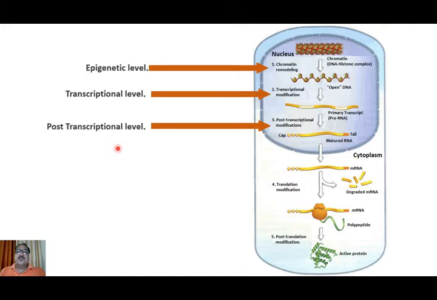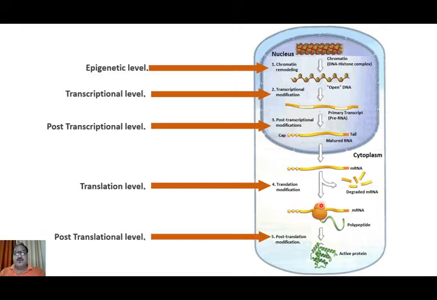And then the fourth level is during the translation process. And after the protein is formed, the protein undergoes certain modifications. This type of regulation we call the post-translational level.